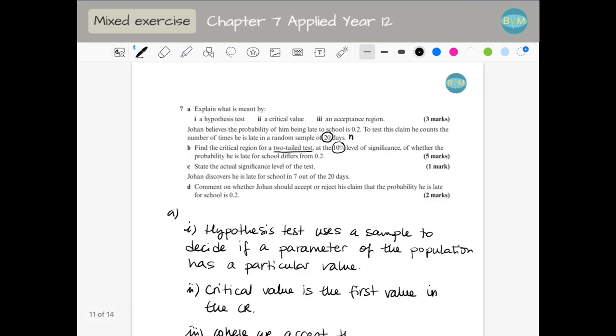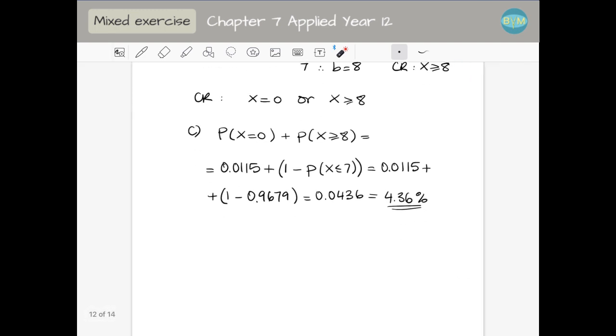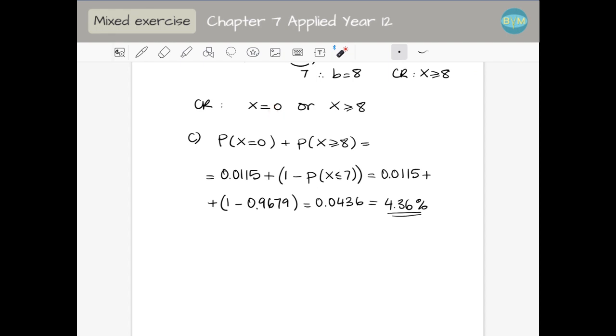And now for the last part, it says Johan discovers he's late for school in 7 out of the 20 days. Comment on whether Johan should accept or reject his claim. 7 doesn't fall in the critical region. It's not greater or equal than 8 or smaller than 0. So 7 is not in the critical region.